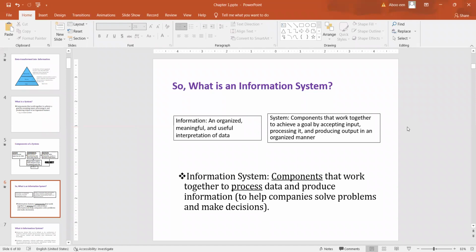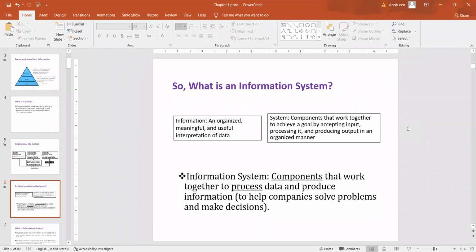You know what is information and what is system. When we combine these two terms, we have a single term, information system. As you all know, information is the systematically organized, meaningful and useful interpretation of data.